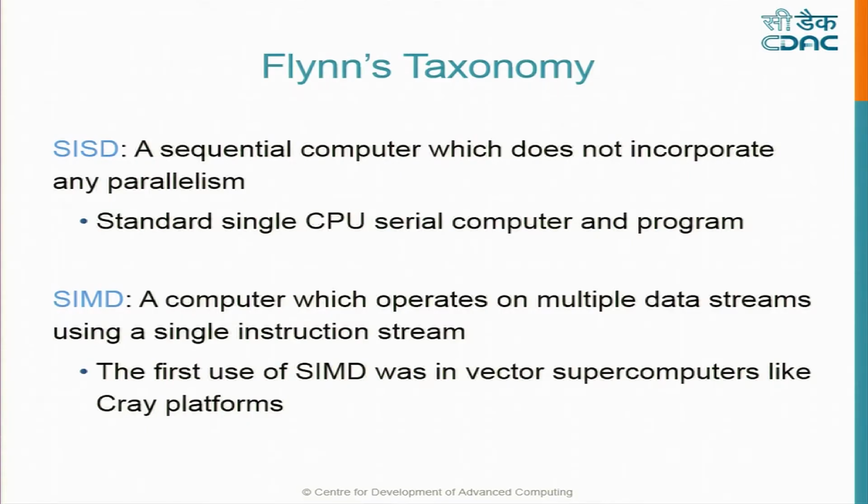What are we doing here? The instruction is the same, make it 0, but the data is multiple. So in parallel you are working on 4 sets of data. That is a typical thing called SIMD. This is being used now, I will tell more about it later. This is called vector computers, like Cray, the first Cray that was made, it used this vector processing.